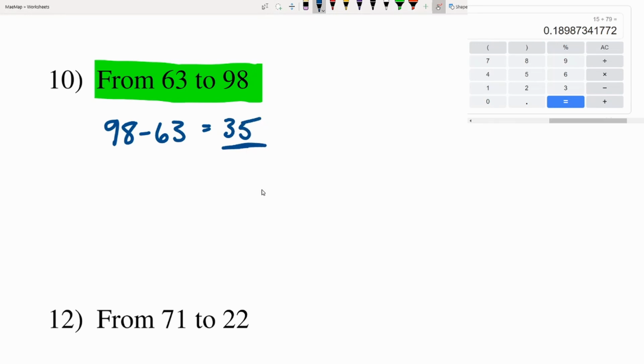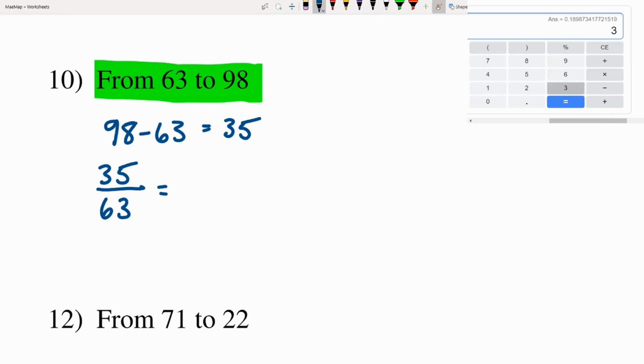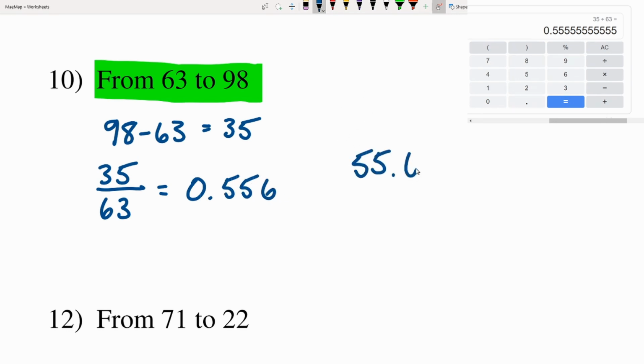So the change is 35, and I'll write that change of 35 over the original starting number, 63, to get my decimal form of the change, and then change that to get the percent change. 35 divided by 63 is going to give me 0.5 repeating, which rounds to 0.556, moving that decimal place over twice, 55.6%, and that's an increase.